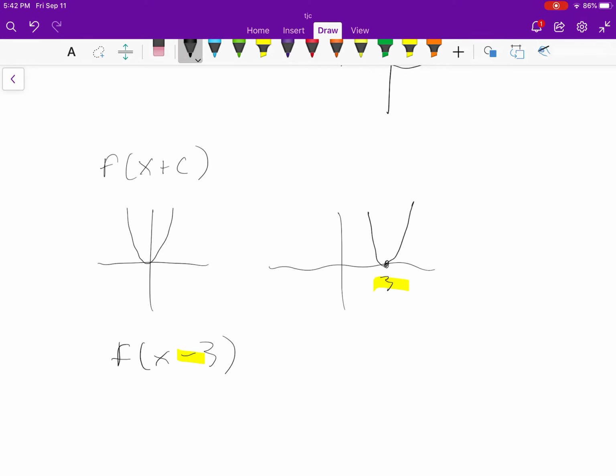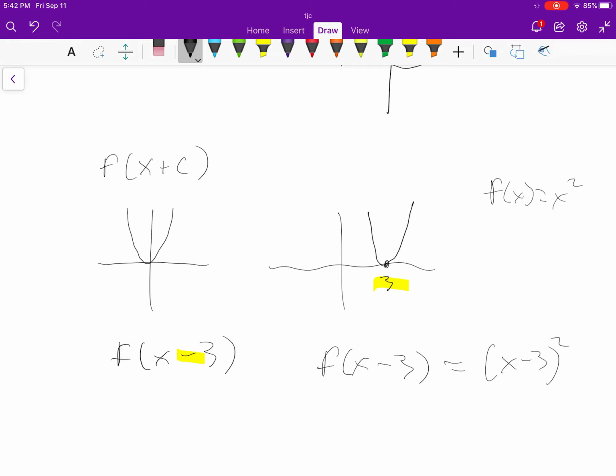So if we wanted to do this, it'd be f of x minus 3 to the right 3, which, since the original f of x is x squared, would be x minus 3 squared.